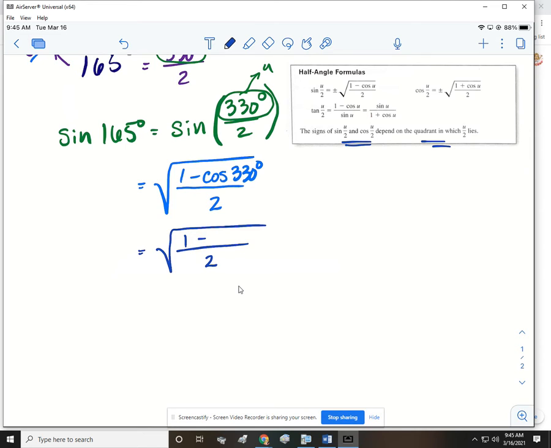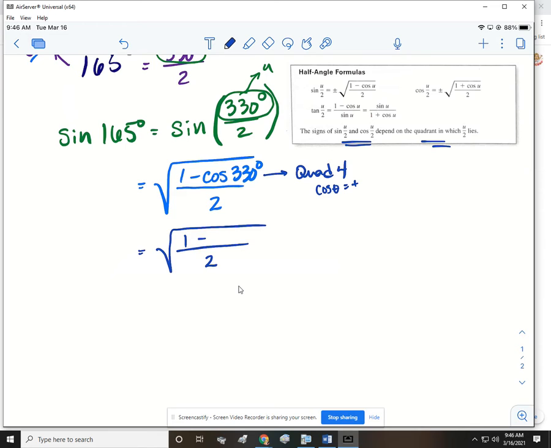So then we need to figure out the cosine of 330 degrees. That is going to take some time. 330 degrees is in quadrant 4. So in quadrant 4, cosine is positive, so it's going to be a positive value. And then we also need to know the reference angle.